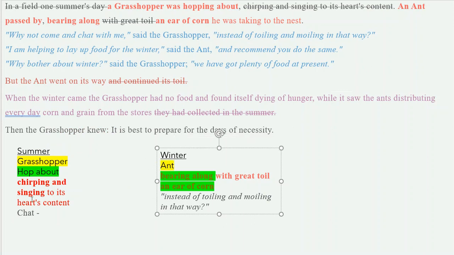So in each of those contrasting groups, we have different contrasting phrases: chirping and singing, bearing along with great toil, chirping to your heart's content, chatting. And here we have toiling and moiling.